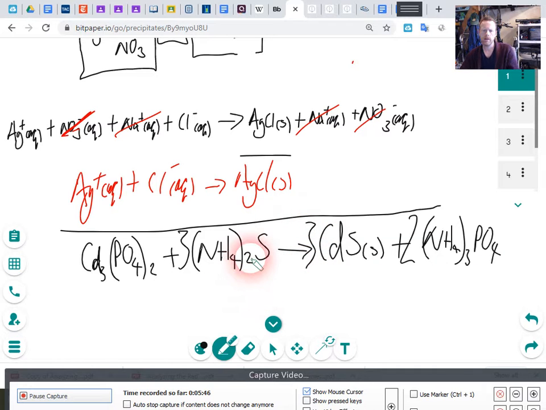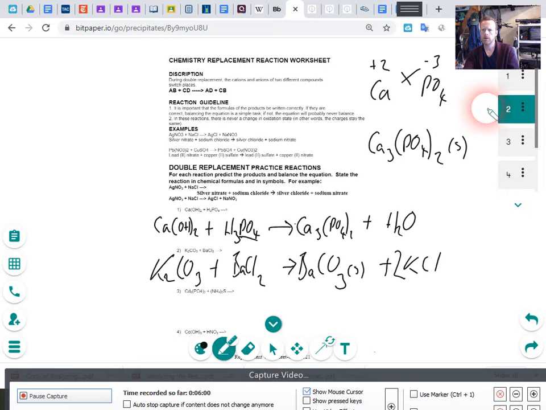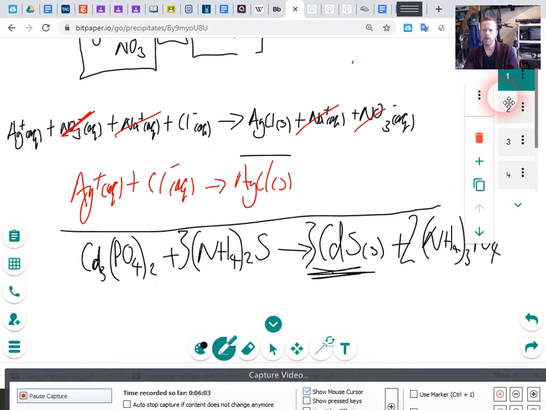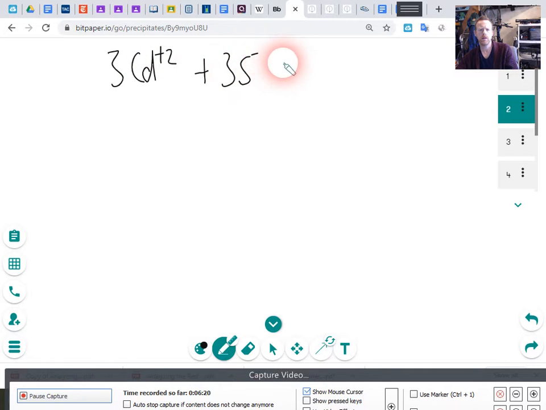Yay, and that works. So now this is what I expect you to do: the net, and the net is just involving these things here, okay? So your net is going to look like, oops, let me add a page here. So that would be 3 cadmium ions plus 3 sulfide ions make 3 cadmium sulfides.